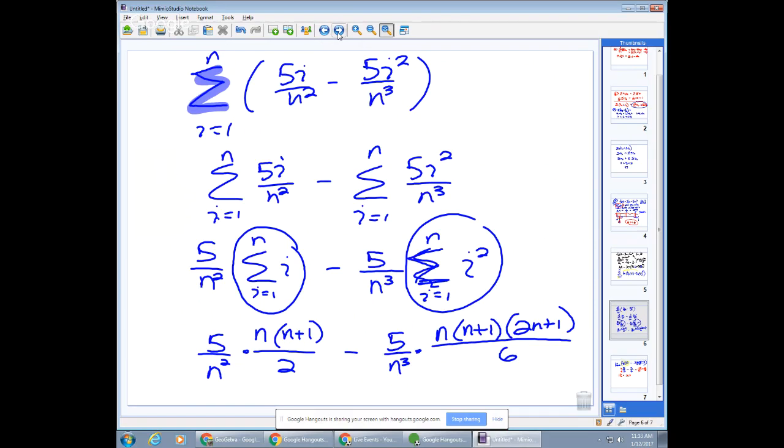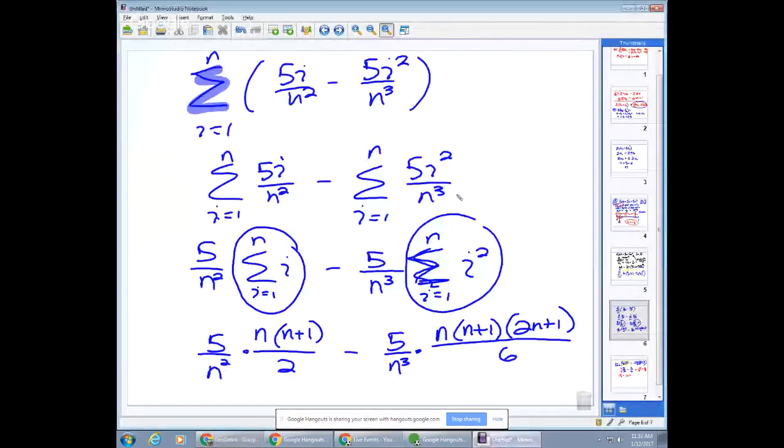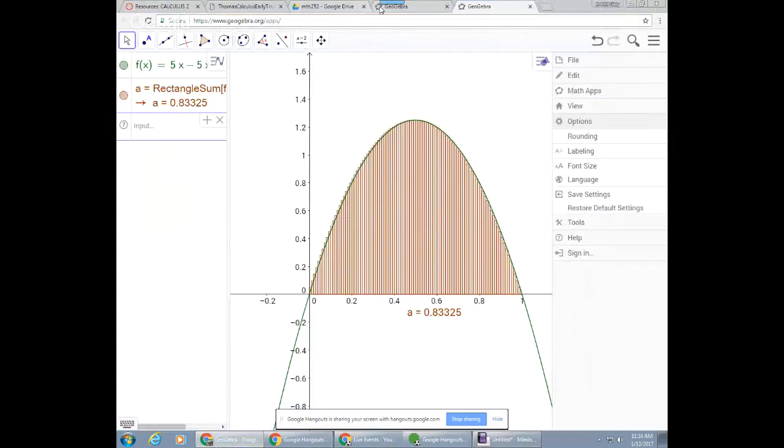I do not see it. Okay, we're going to have to come back to that later then. Did I mess up on one of these here? No, those are both right. That's possible.